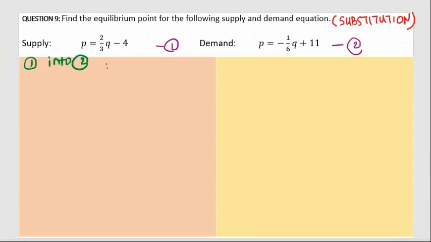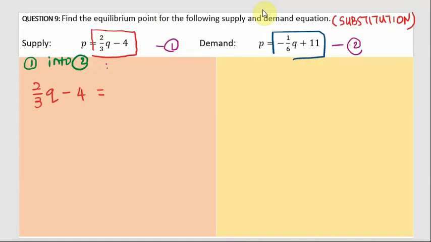So what we have in the first equation is 2/3 q minus 4, equals to, what is the second equation? The second equation is negative 1/6 q plus 11.